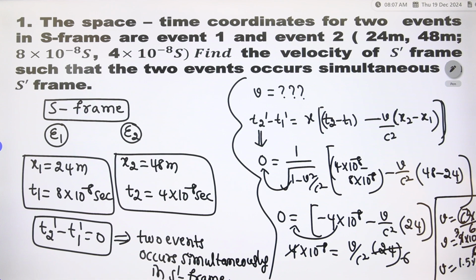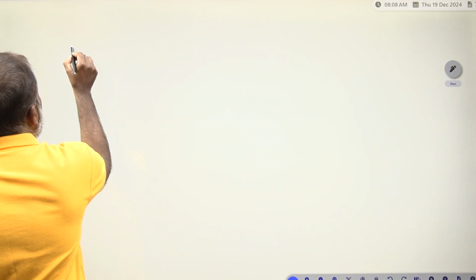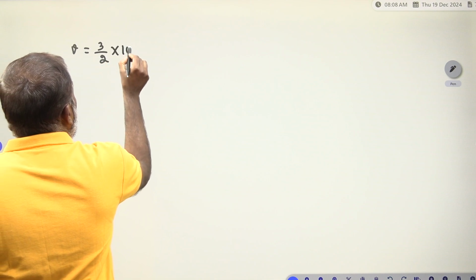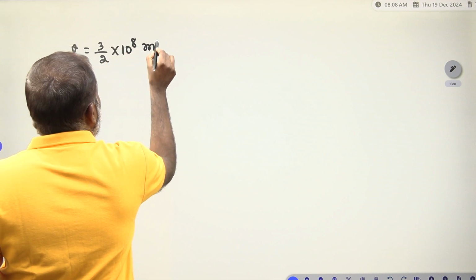1.5 into 10 to the power of 8 meter per second. Another way you can consider it: v is equal to 3 by 2 into 10 to the power of 8 meter per second.